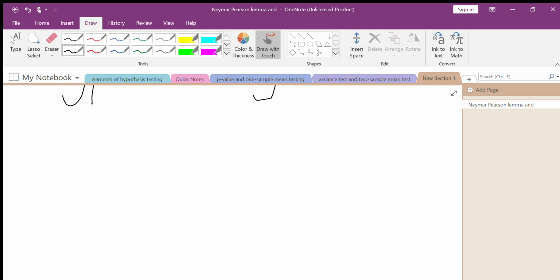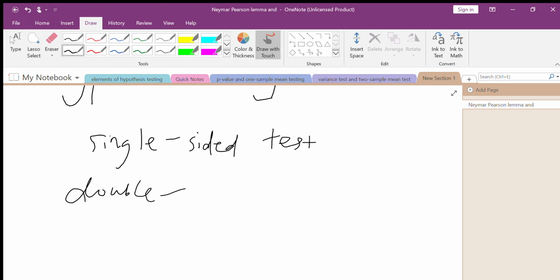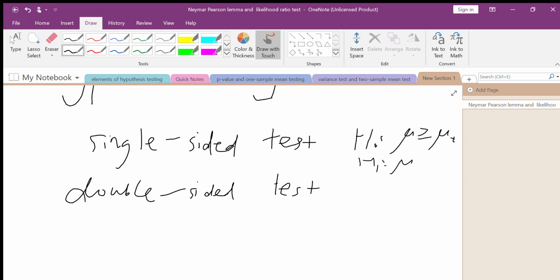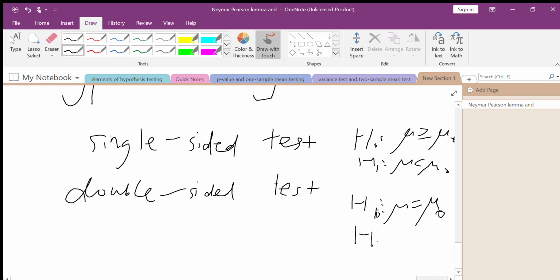In our previous lecture, we did single-sided tests, which include right-sided tests, and double-sided tests. A single-sided test is, for example, H null: mu greater than or equal to 0, H1: mu less than 0. The double-sided test is H null: mu equals 0, H1: mu not equal to 0.